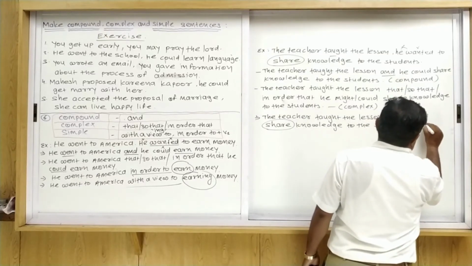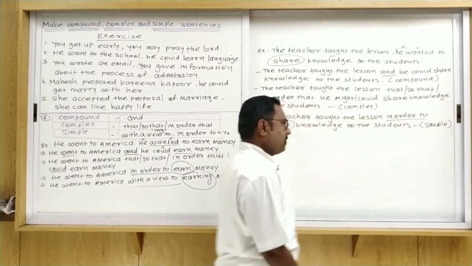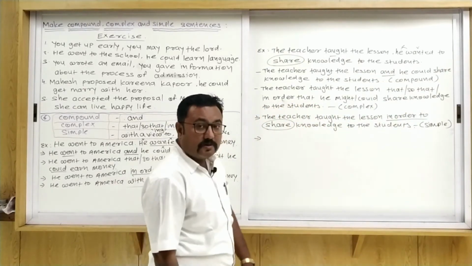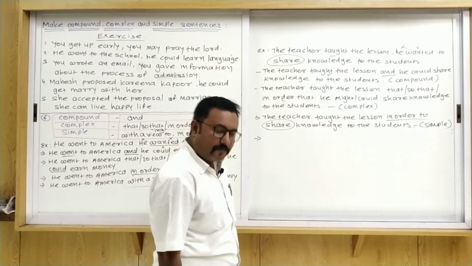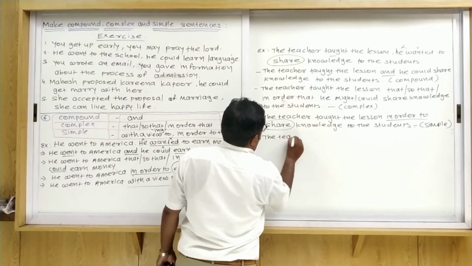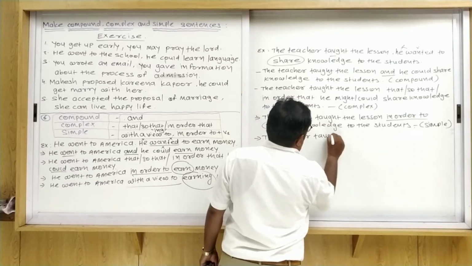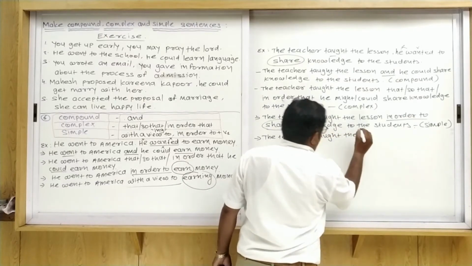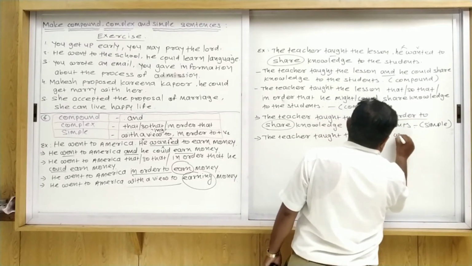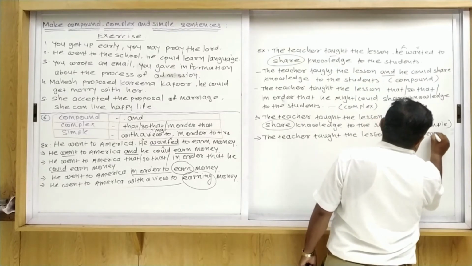This is a simple sentence. The next one, in a simple sentence we use which one? With a view to. Very good. So the teacher taught the lesson with a view to.